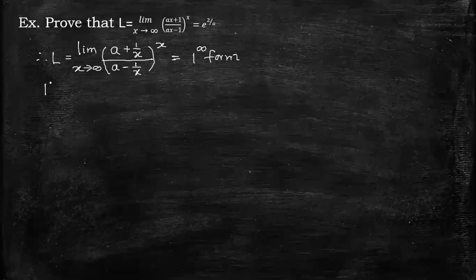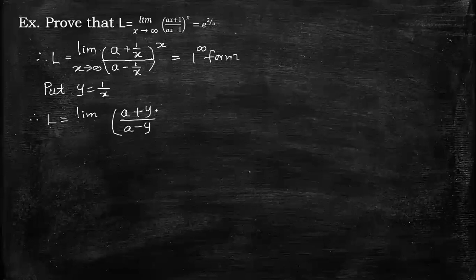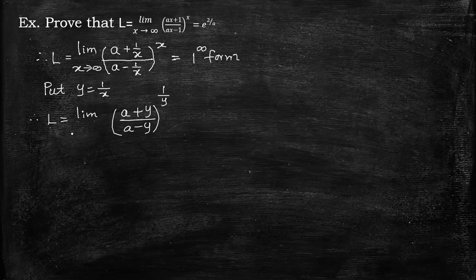Put y is equal to 1 upon x. So that the new limit becomes L is equal to limit, a plus y upon a minus y, bracket to the power 1 upon y, y tends to 0.